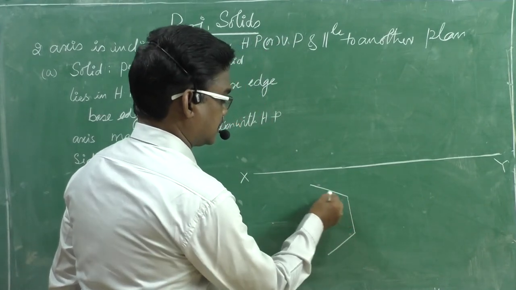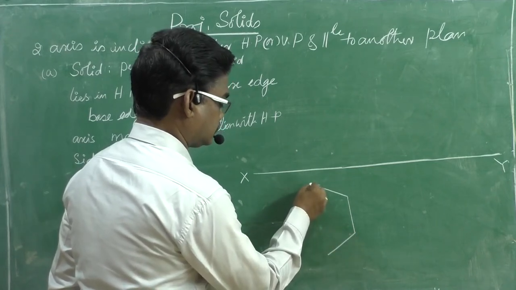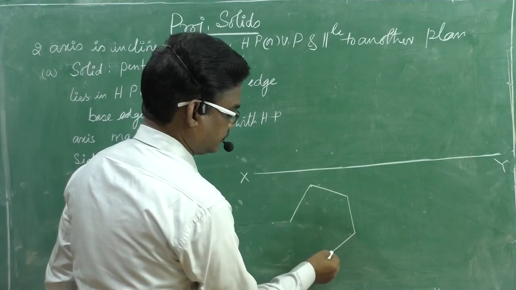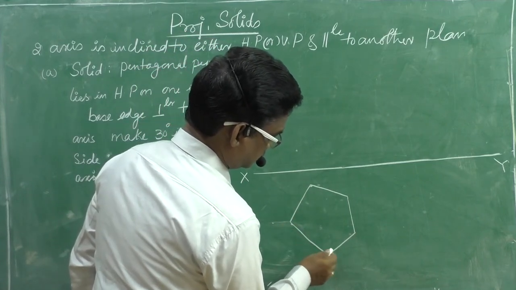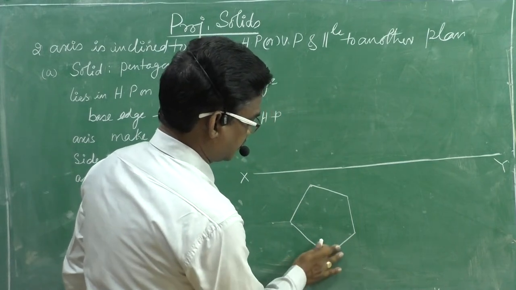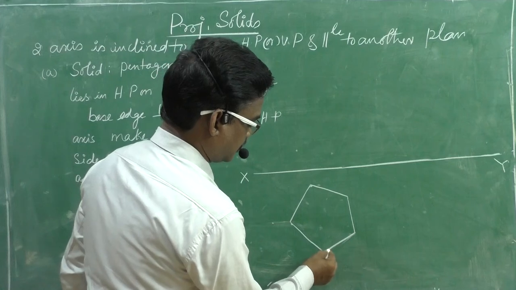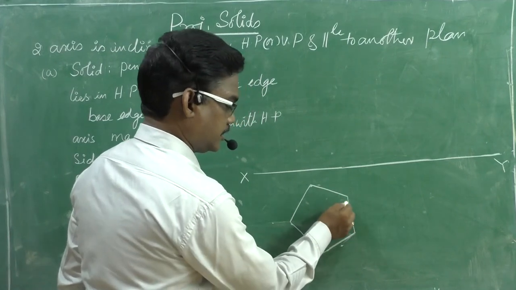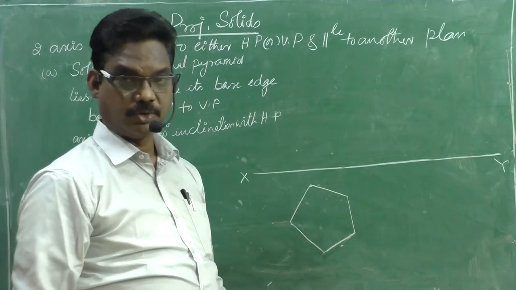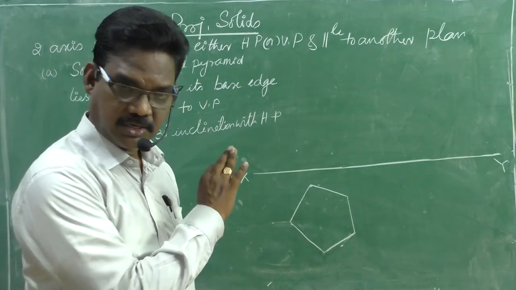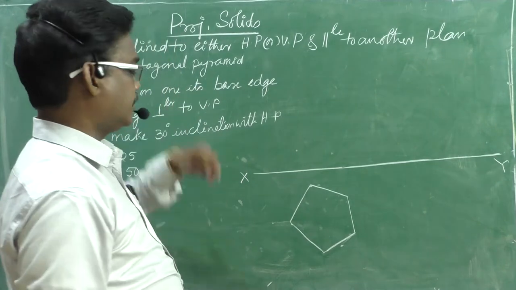And this length also we need to consider 25 and 25. After that, if you draw, this will give us a regular pentagon. By considering 108 degrees included angle and side equal to 25 mm, only we need to draw. We should not draw freehand. This is a regular pentagon.